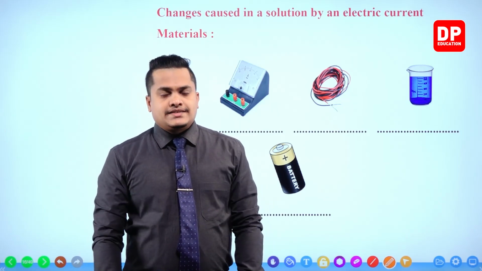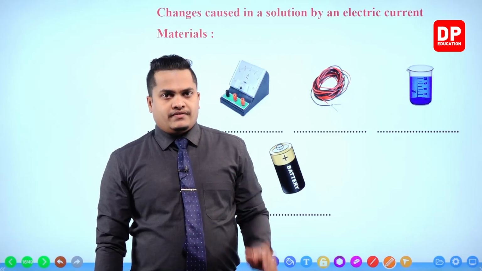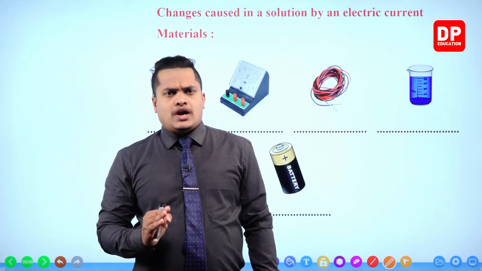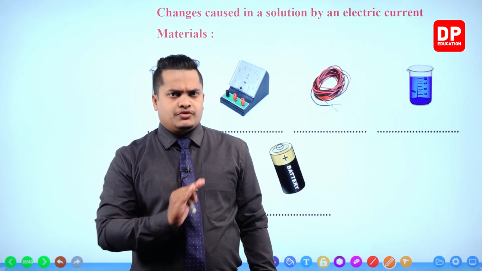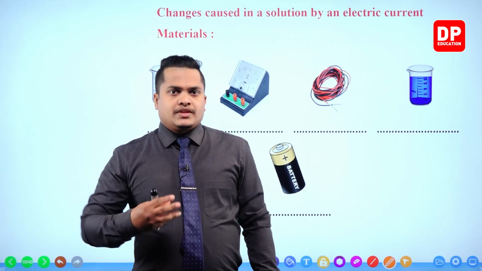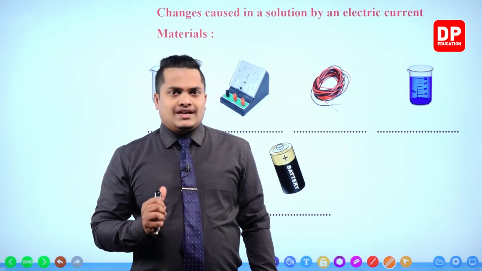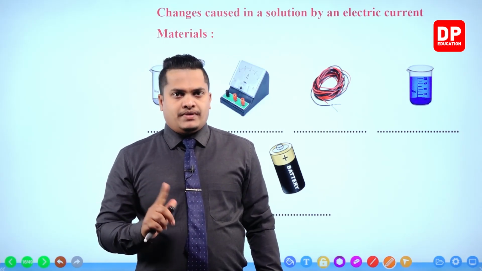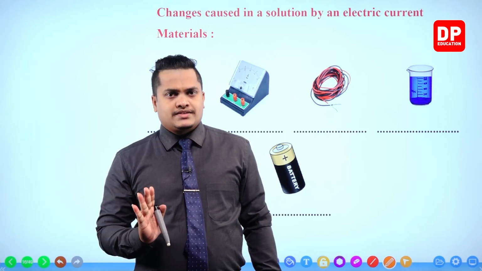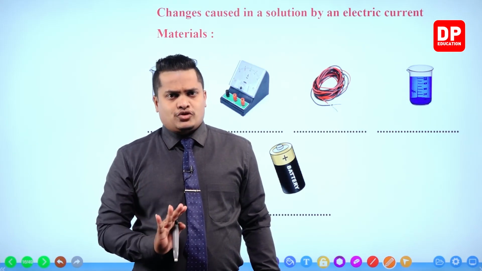Especially in the previous lesson, we identified how electricity is transferred or conducted through a solution. We discussed that electricity means a beam of electrons. These electrons are transported from one place to another if there are mobile ions, so that the mobile ions can attract or repel electrons towards a certain direction.